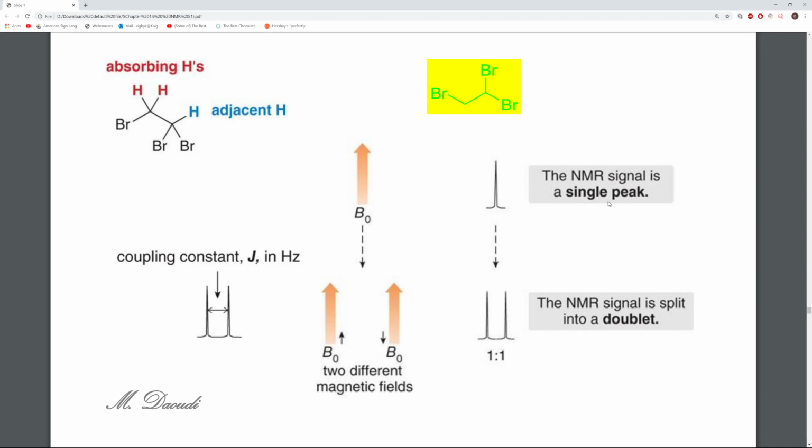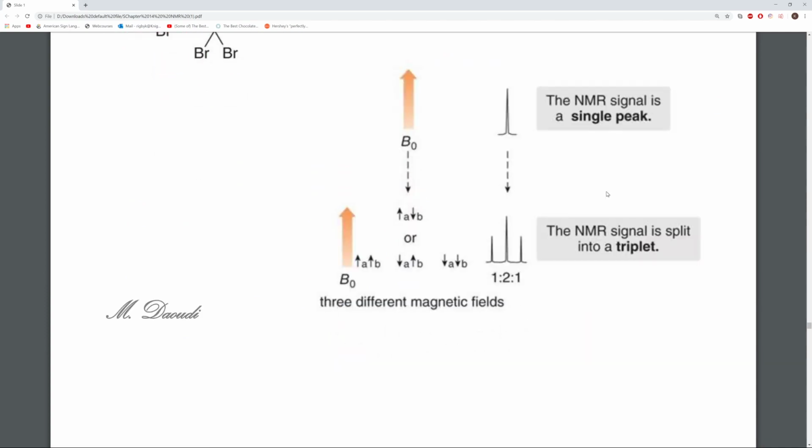If you don't remember that, that's fine. We're not as worried about the science behind spin splitting versus being able to recognize and build a molecule from the spin splitting signals. So if you don't understand the science behind it, that's fine for the test, but I highly recommend learning about it so you're more prepared for Orgo 2 and stuff like that.